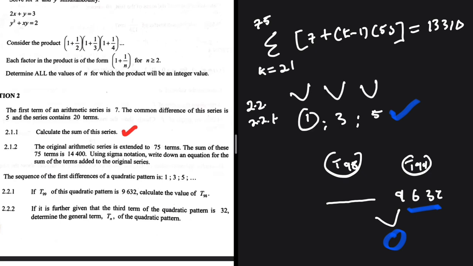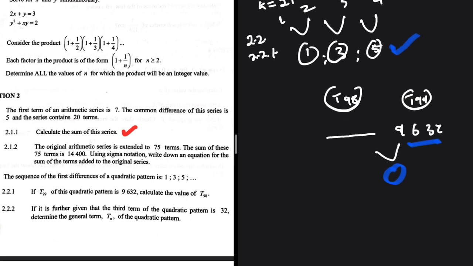So T1 of the arithmetic is between T1 and T2 of the quadratic, T2 is between T2 and T3, and T3 is between T3 and T4. So we are looking for T98.